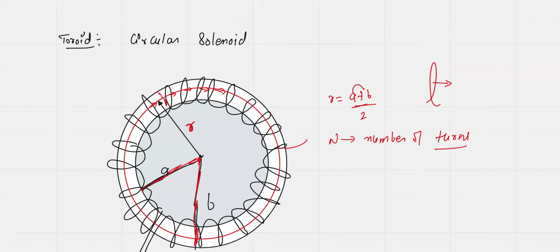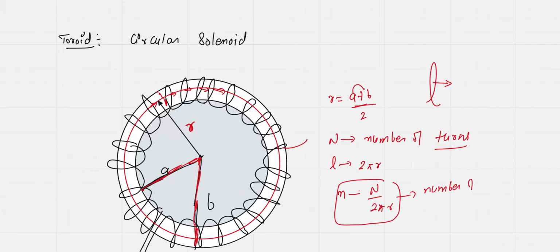You will say, sir, the total length in this case is 2 pi r. So what is n? The number of turns per unit length is N by 2 pi r.